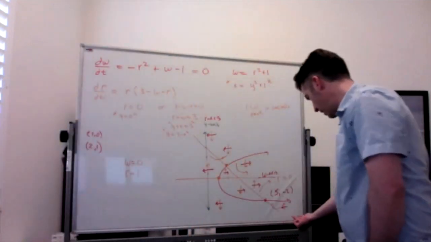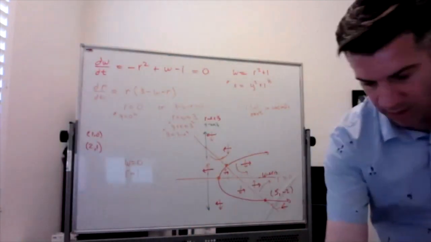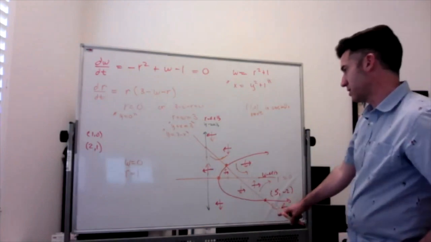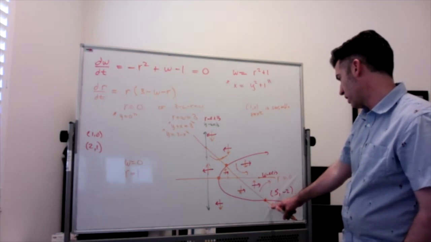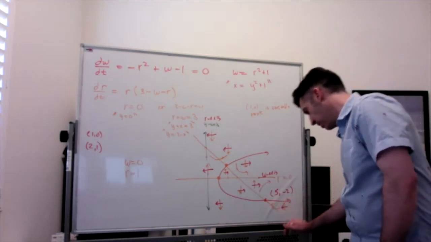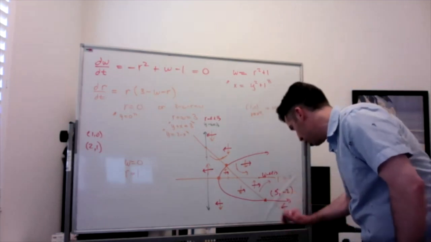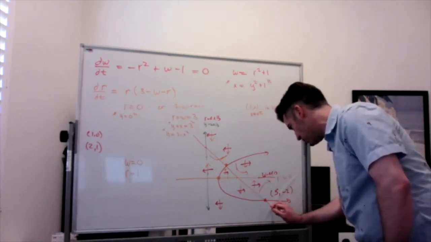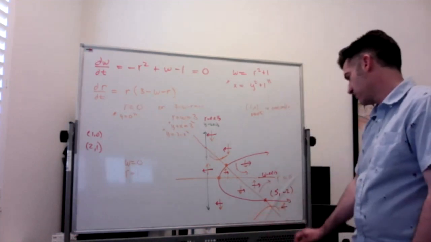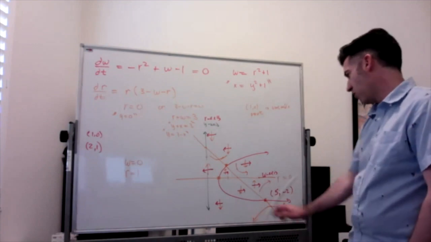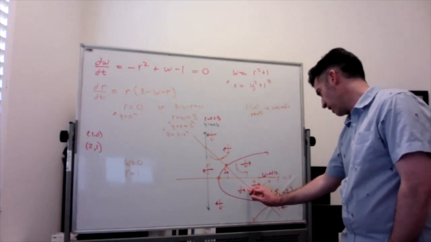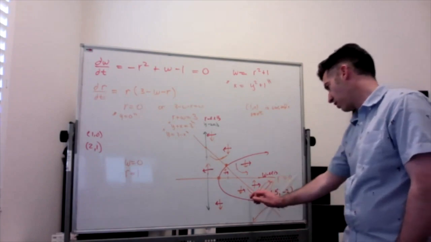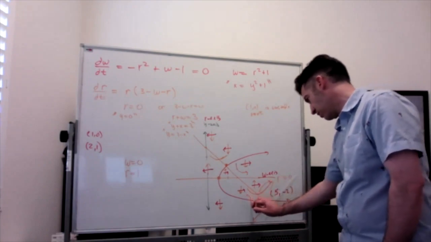So here, I get it. You're going up and to the left, but then you cross this vertical nullcline and you start, so right, I see, okay. Let me do this one more time here. So here you're going up and left, and then you cross this and you start going down and left. Okay, that makes a little more sense. Or over here, you're going down and right, but then you cross this and you're going up and right. Or you're going down and right, and then you cross this and you're going down and left.